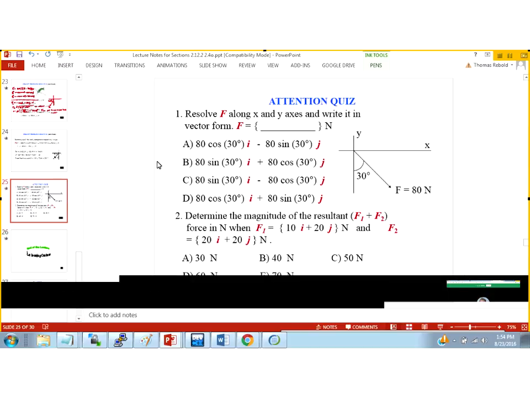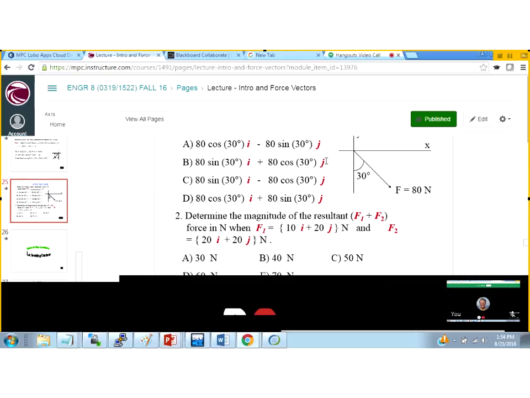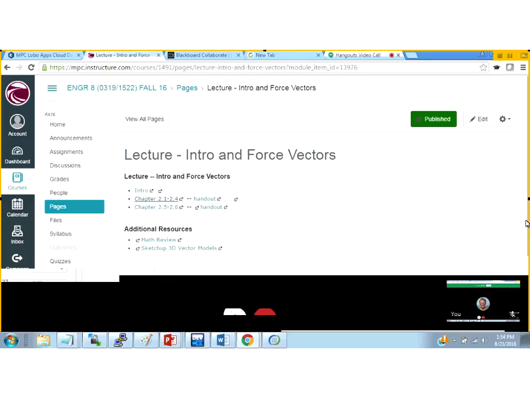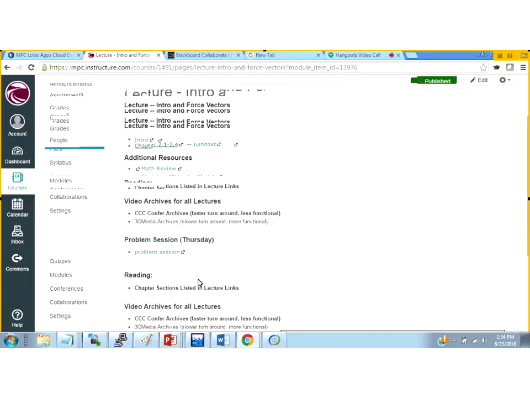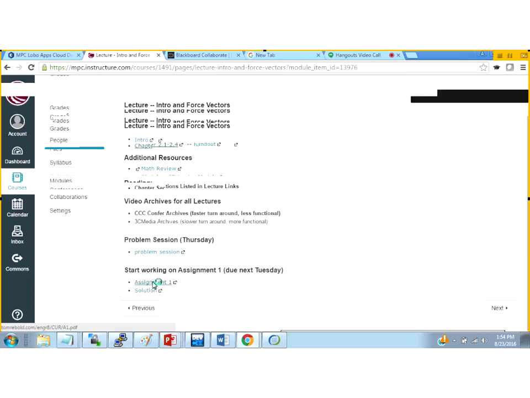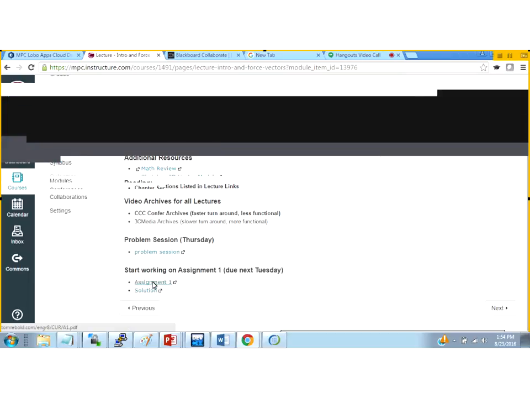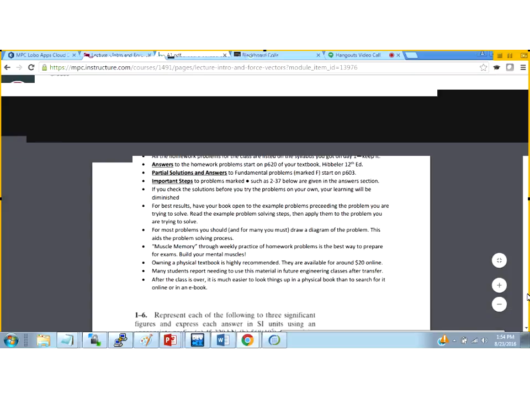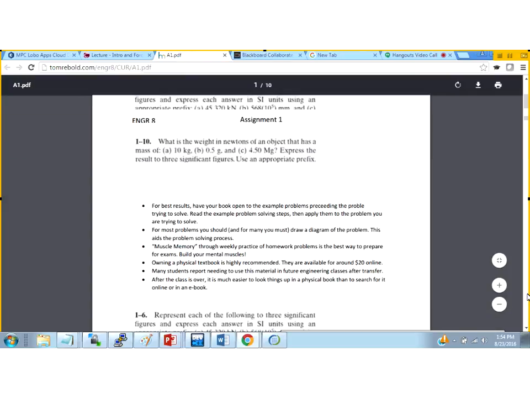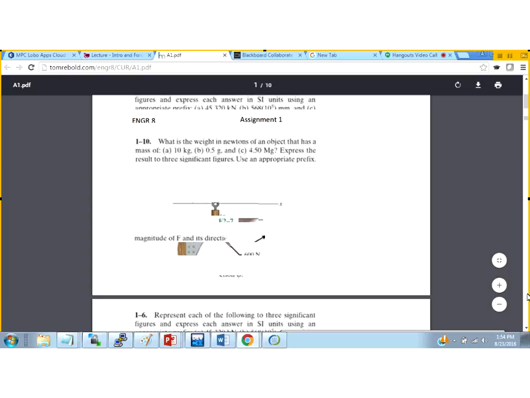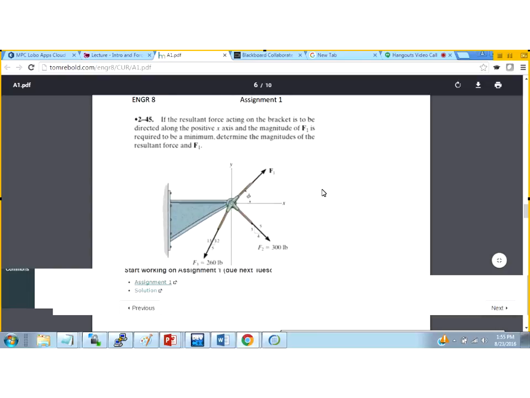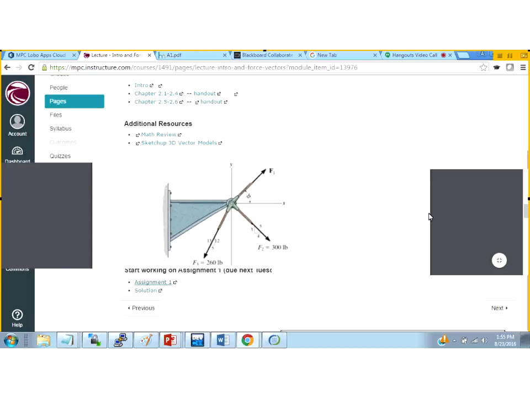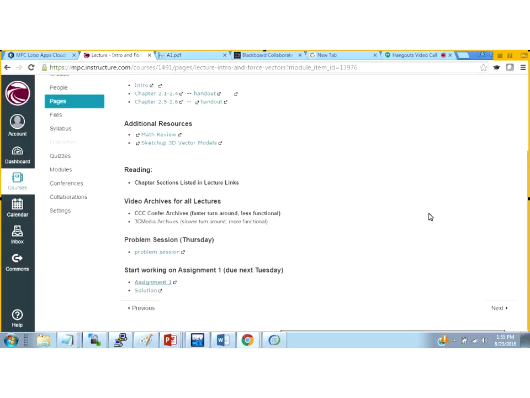Did you see where the problems are? Actually, right on here, if you scroll down on this particular lecture, the assignment 1 problems are right here. And you can just pull this up when you're doing the assignment and just do those. The text itself, I'm quite positive, is probably identical. So they just changed the problems around a little bit.